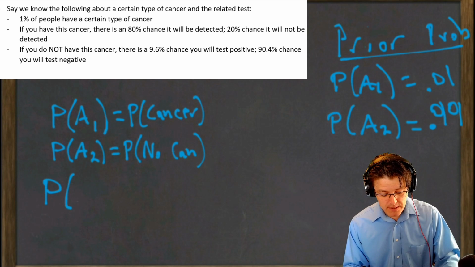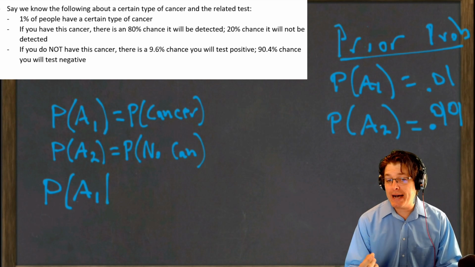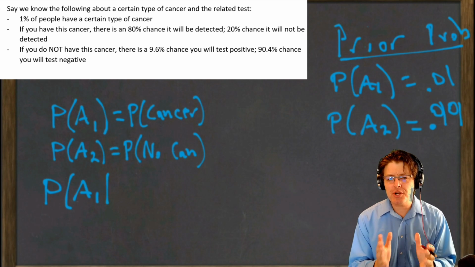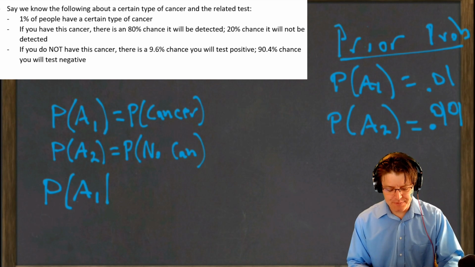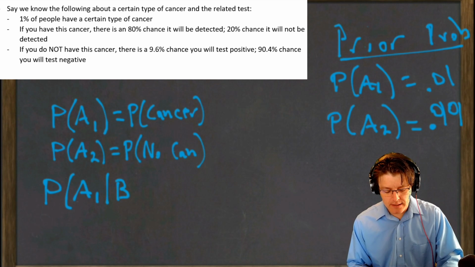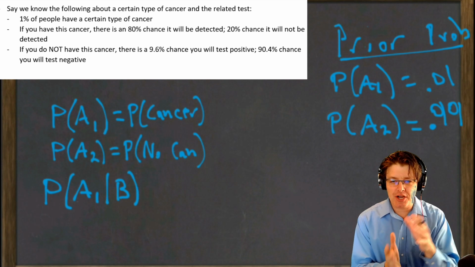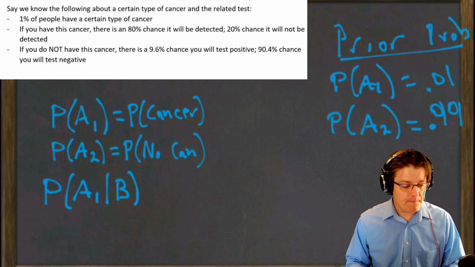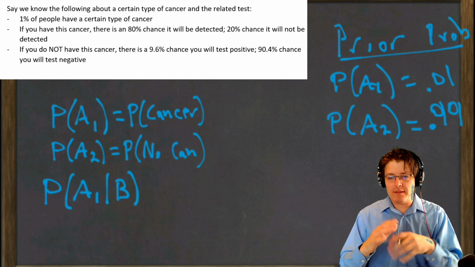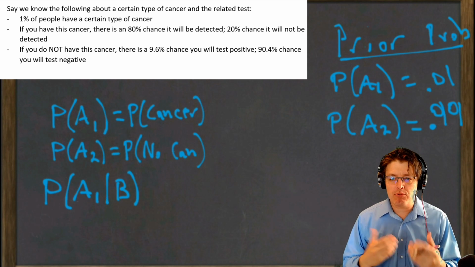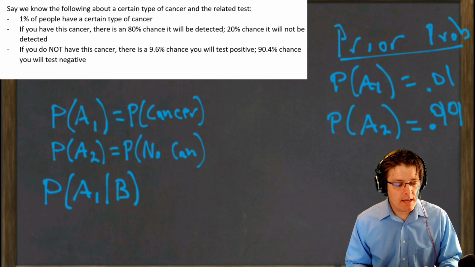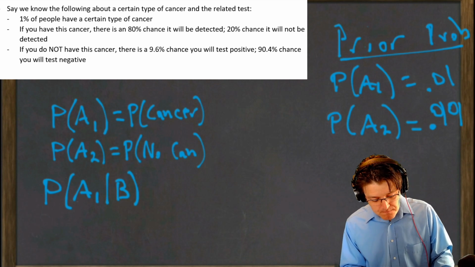So what's the probability of A1 given that you test positive? I'm just going to write testing positive as B, again just to match up the book formula. And rather than having to keep writing given that you tested positive, we'll just shorthand it there.